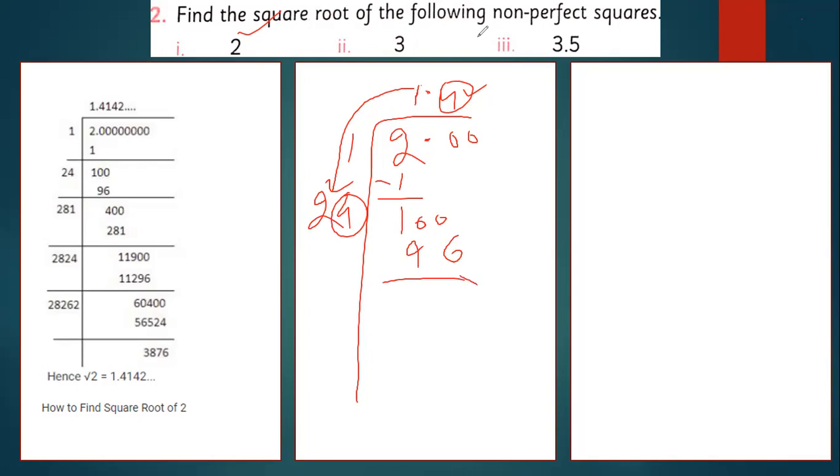Got it? Yes, sir. Okay. Now subtract this 96 from 100.